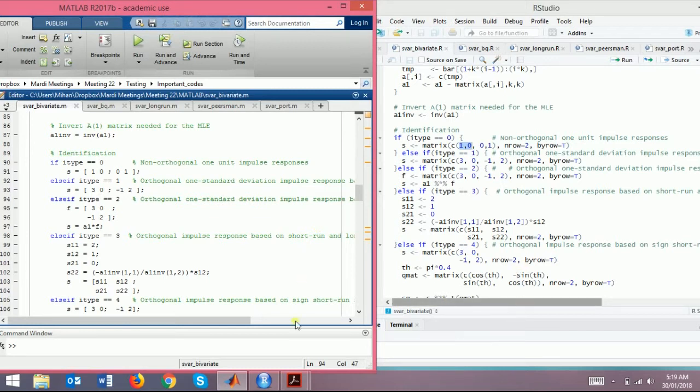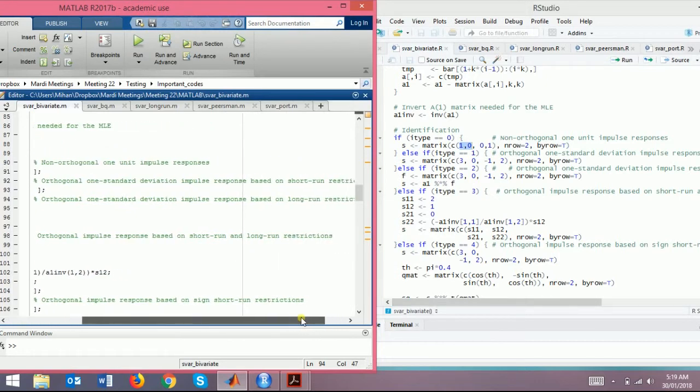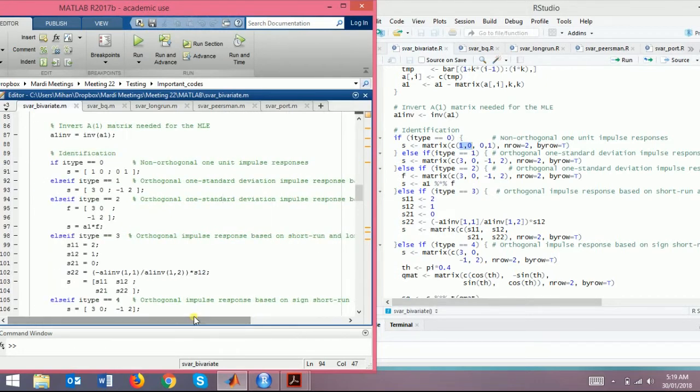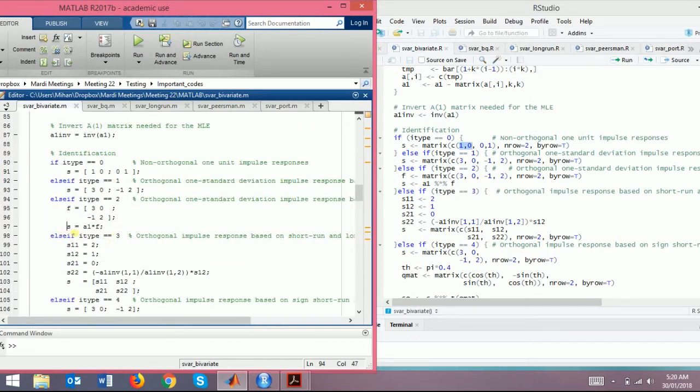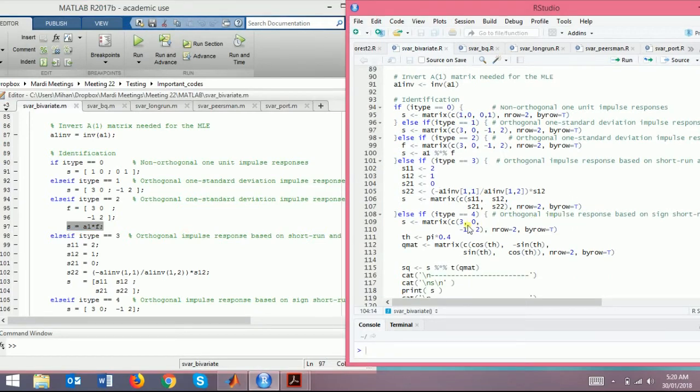Orthogonal one standard deviation impulse response based on long run restriction when I type is 2, which is S equal to 3012 minus 1 2, then that is multiplied to phi1, which we have already calculated, A1. It is multiplied to phi1. Beautiful.